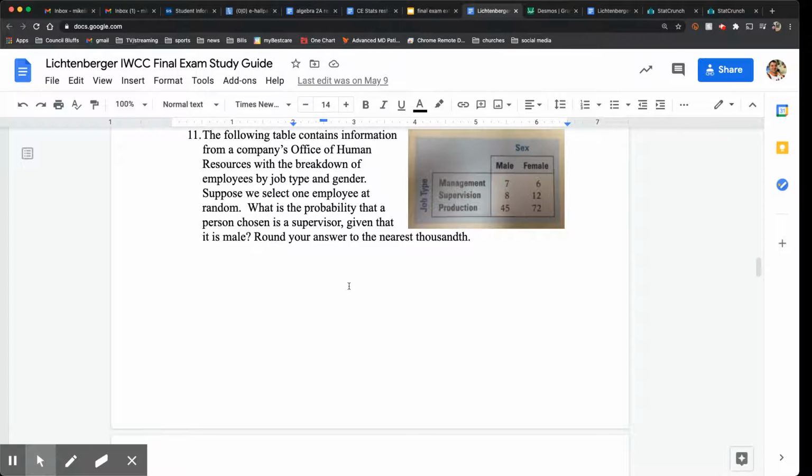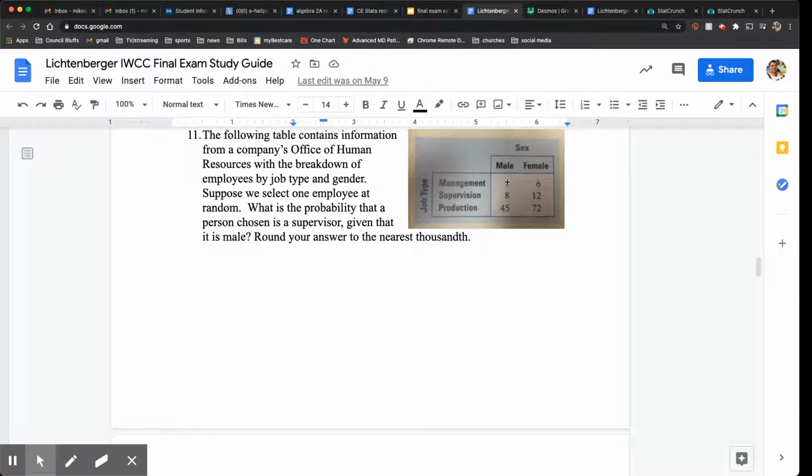So, in other words, out of all of the male employees, how many of them are supervisors? So let's find a total here. 45 and 8 is 53, plus 7 is 60. So there are 60 total male employees.